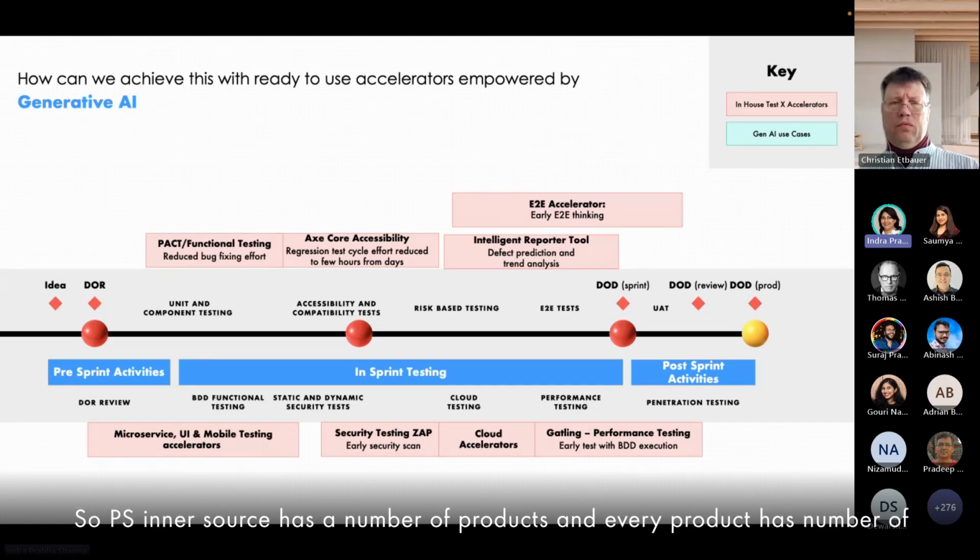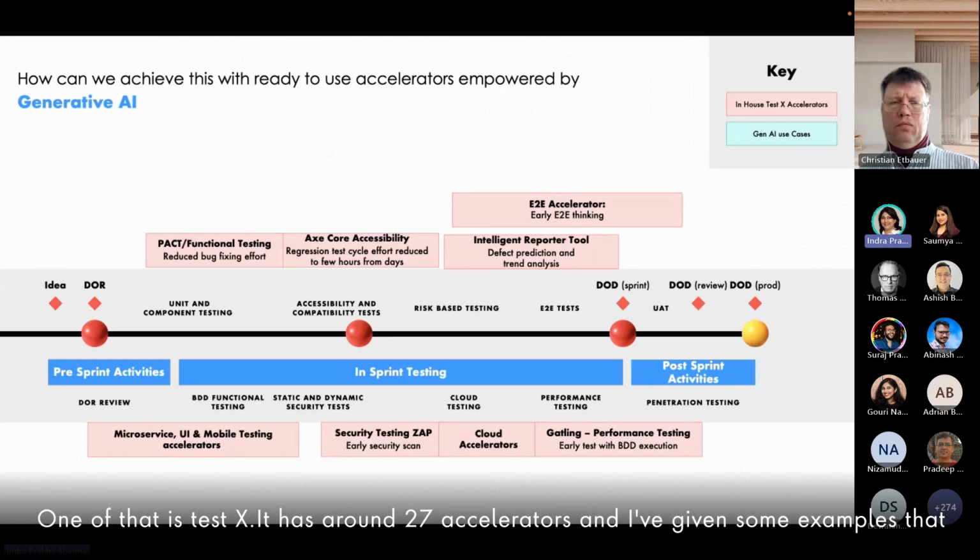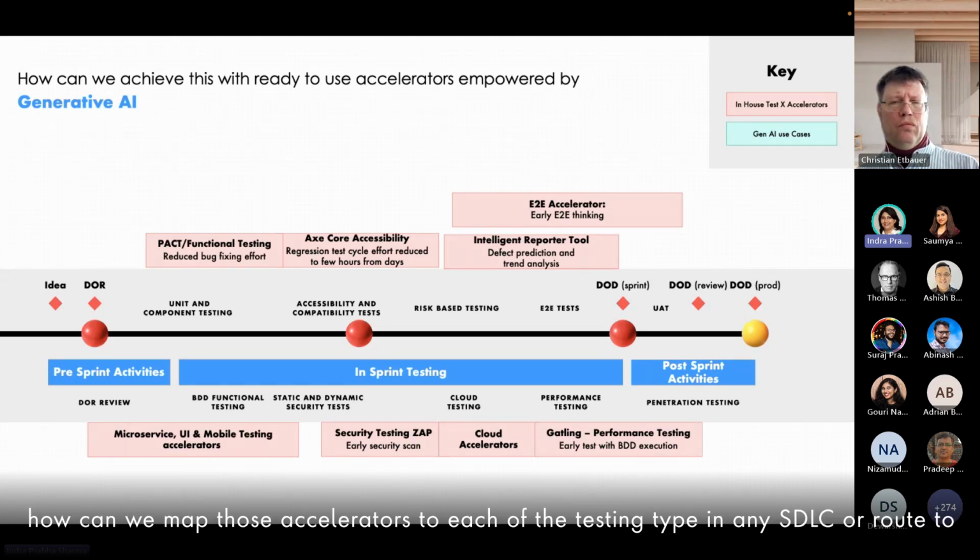So PS Inner Source has a number of products, and every product has a number of accelerators. One of them is TestX. It has around 27 accelerators, and I have given some examples of how we can map those accelerators to each of the testing types in any SDLC or route to live testing.